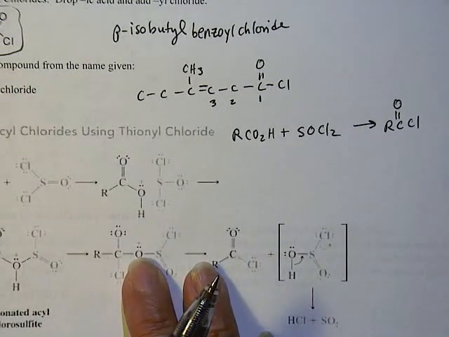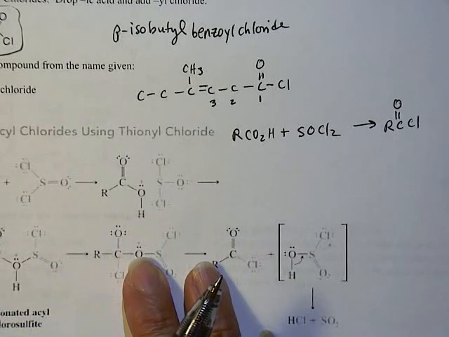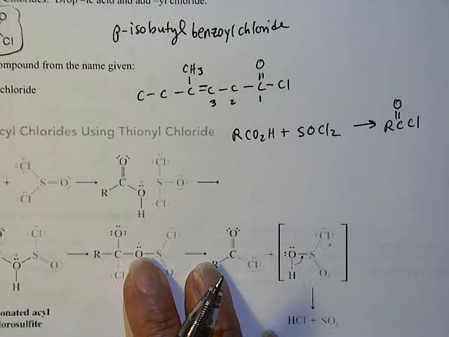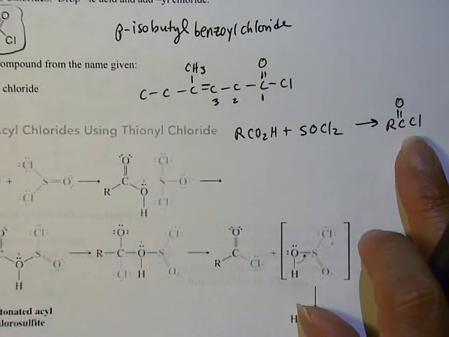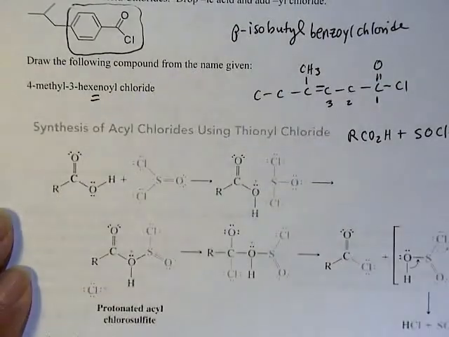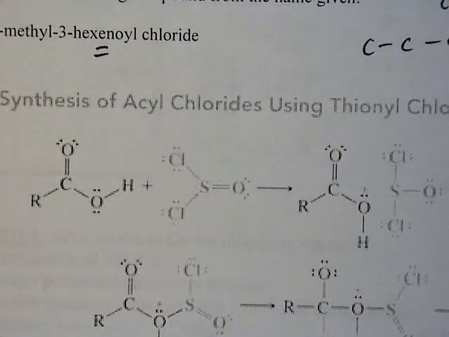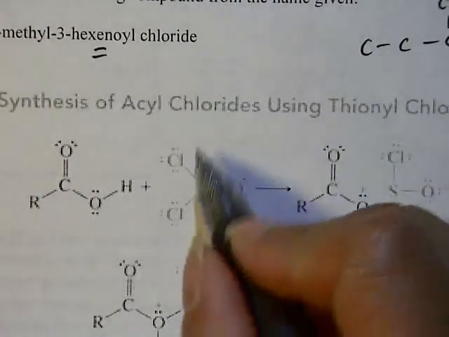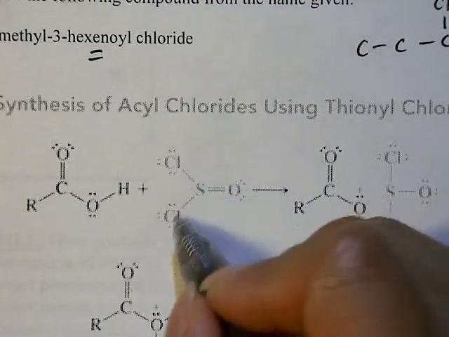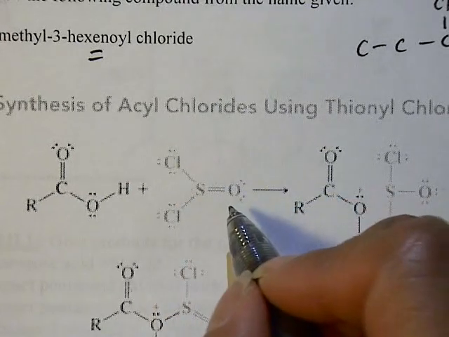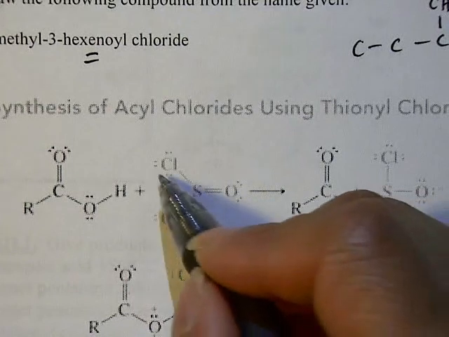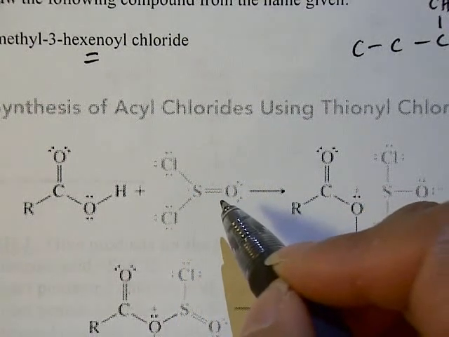Now this is the mechanism shown here, the same one as in your book, and I just want to briefly go over how the acid chloride is made from the carboxylic acid. Let me zoom in. We have a carboxylic acid, and notice the thionyl chloride, SOCl2. Think about how reactive this reagent would be with two chlorines attached to the sulfur.